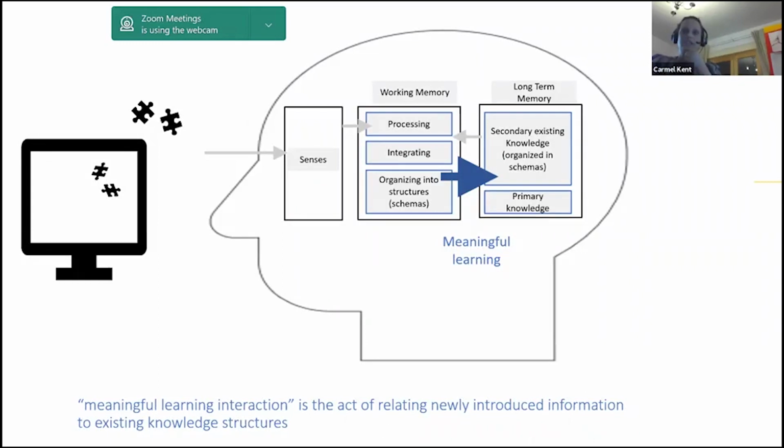So we put for ourselves some kind of a working definition for what is a meaningful learning interaction of an individual learner, which is the act of relating newly introduced information to existing knowledge structures. It's not a new definition. It's just the definition that we will be using.